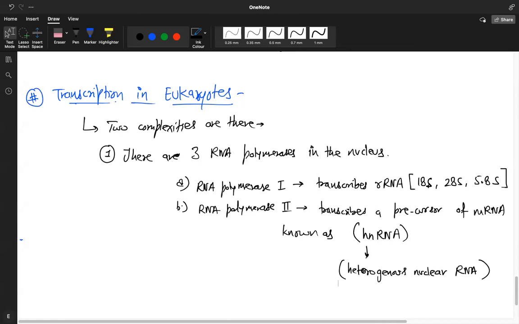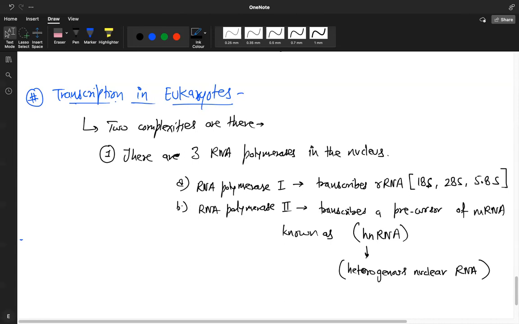And in order to become a mature mRNA, hnRNA needs to go through post-transcriptional processing to become mRNA.